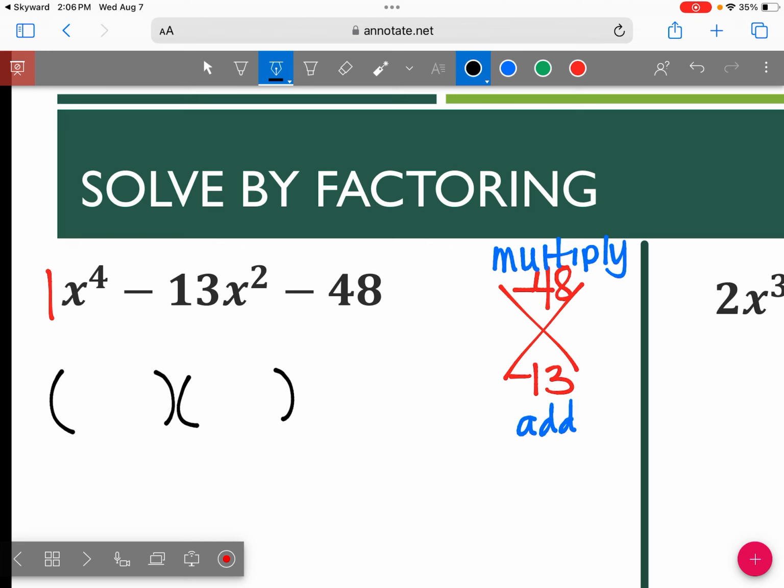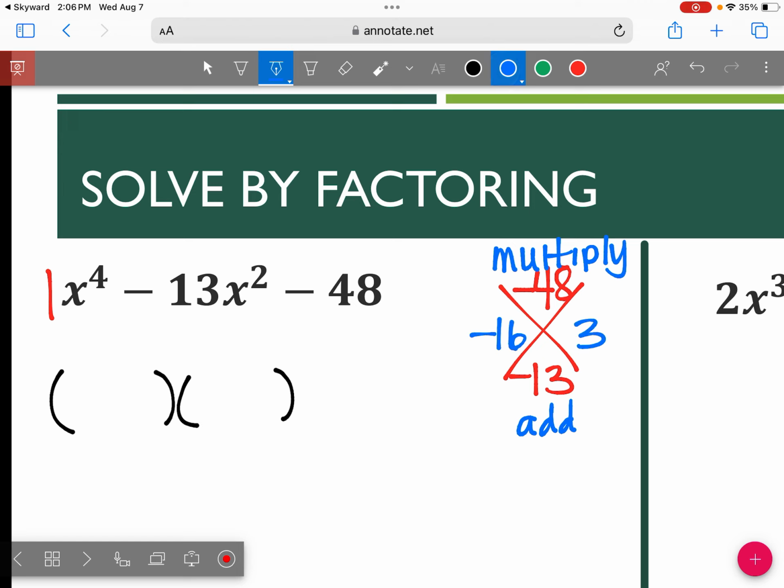They multiply to give you negative 48, and they add to negative 13. All right, what do you think the numbers are? Yep, negative 16 and positive 3.